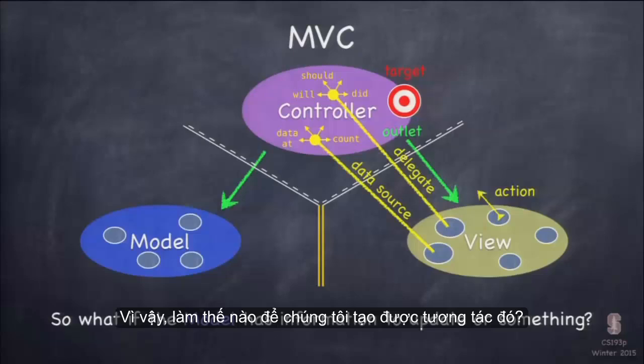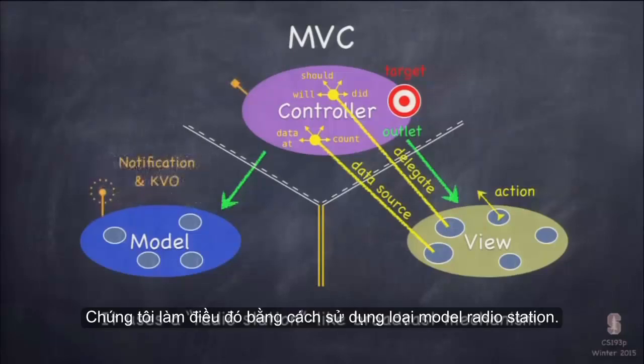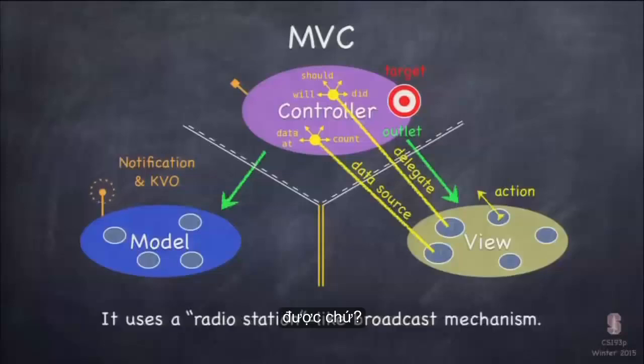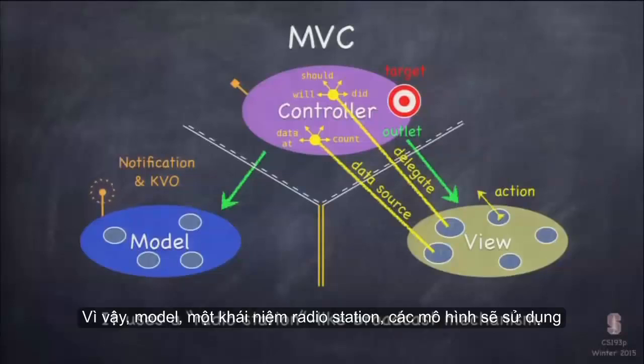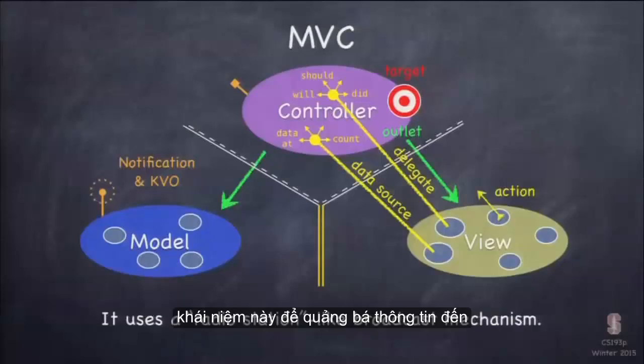So how do we do that communication? We do that using kind of a radio station model. Okay, so the model, a radio station concept, will use this concept to essentially broadcast information to anyone who's interested. Okay, and the mechanisms for doing this in iOS are called notification and key value observing, KVO we call it.